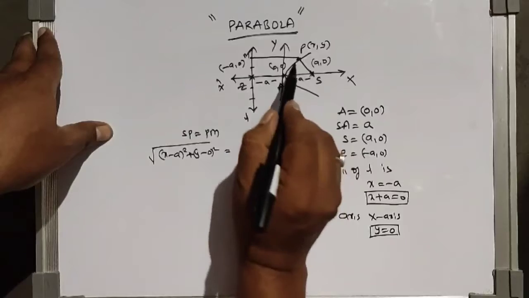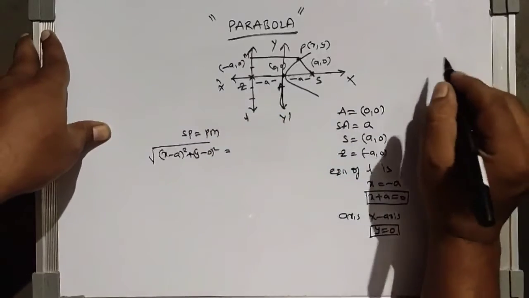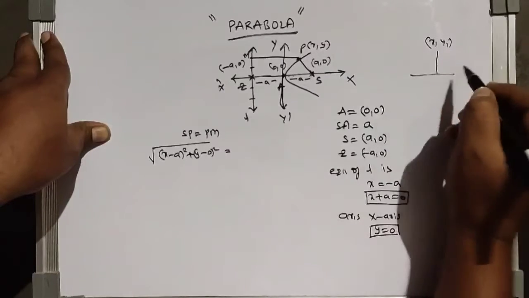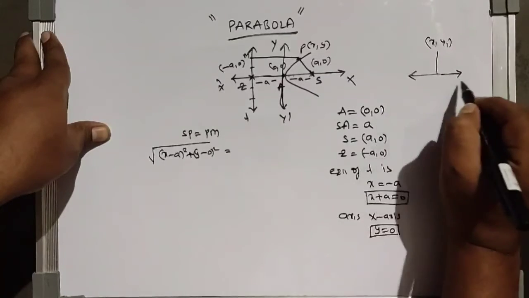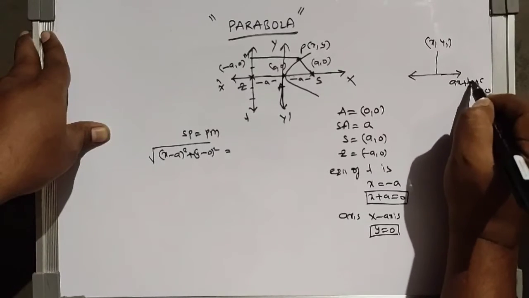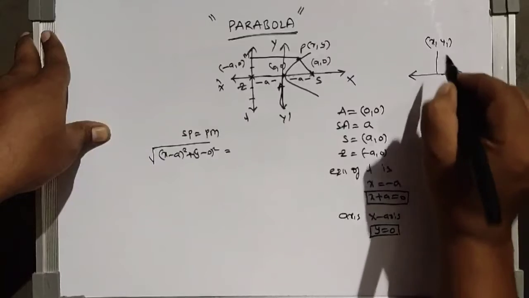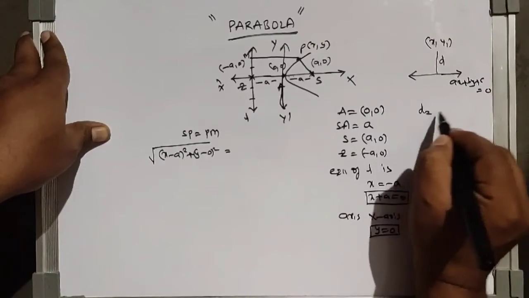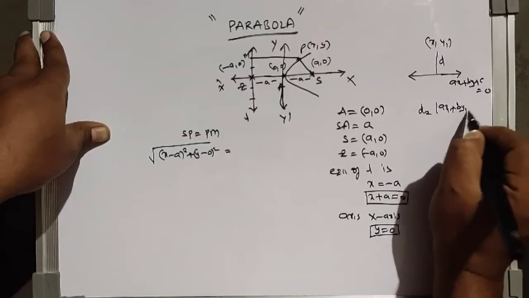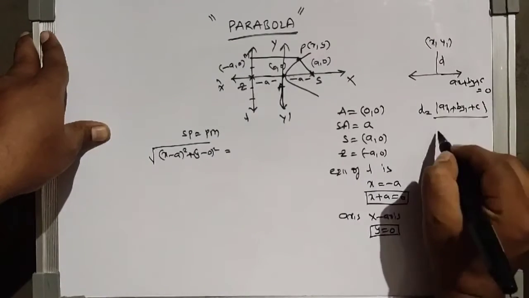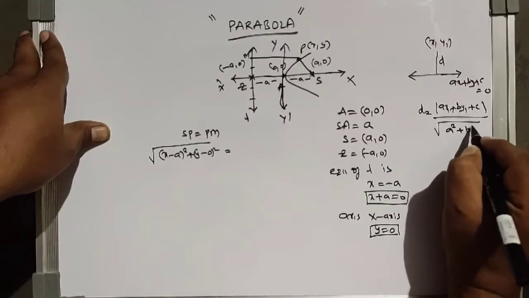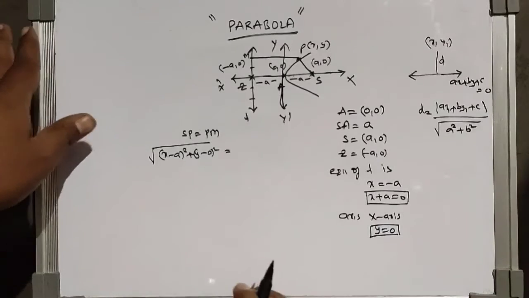For the distance from the point to the line, we have learned that the distance from x1, y1 to the line ax plus by plus c is equal to 0 is d is equal to mod of ax1 plus by1 plus c by the square root of a square, the coefficient of x, plus b square, the coefficient of y. So this is the formula.